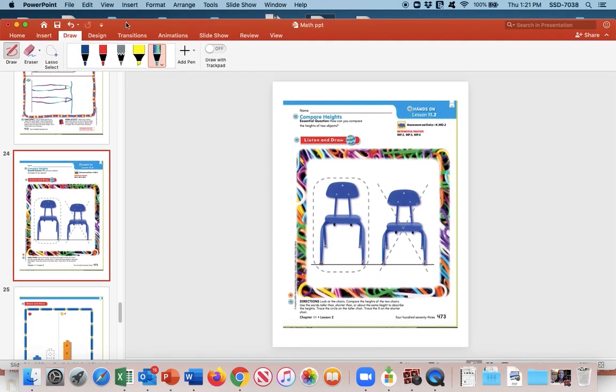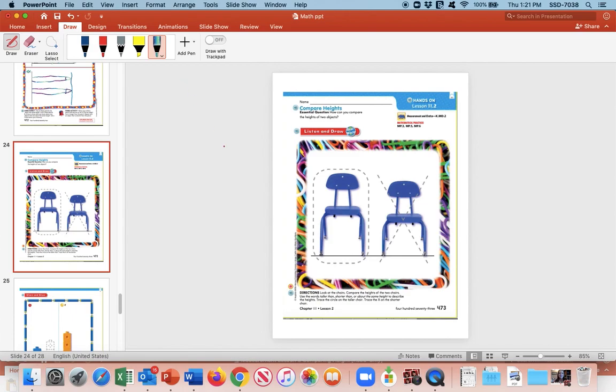All right, so now we're going to be using our math books, and we're going to start with the first page here, page 473 for lesson 2 on comparing height. I want you to make sure you have a crayon handy or a pencil, and we're going to draw a circle around this chair right here. Go ahead and do that with me because this chair is taller.